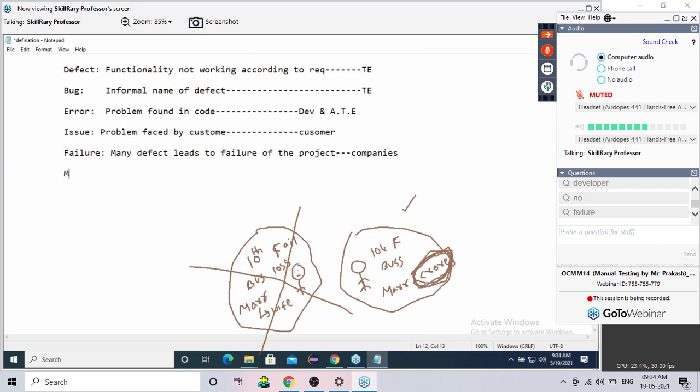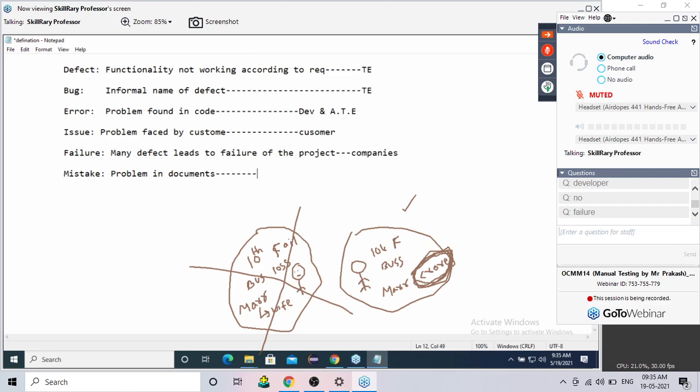And the last word, guys, I want to teach you is mistake. Mistake means these are the problems in the documents. When I say documents, the test engineer also writes some documents, the developer also writes some documents, my manager also creates some documents, customers also create some documents.